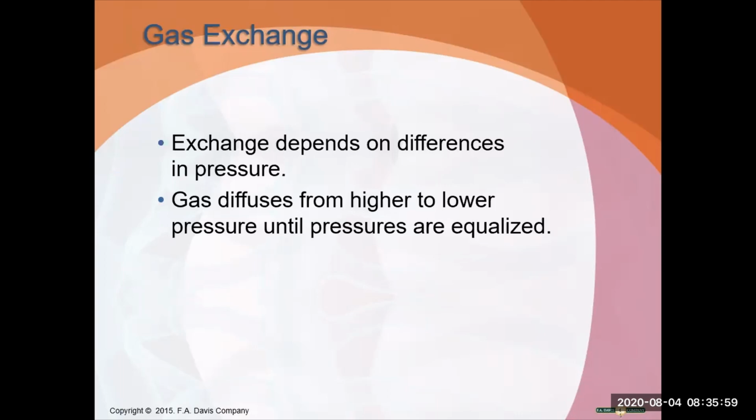The key point to remember is that gas diffuses from an area of higher pressure to an area of lower pressure until the pressures are equalized. Follow the path of blood along the circulatory route, noting the differences in the partial pressures of oxygen and carbon dioxide. And the book says there's an animation to go along with this.